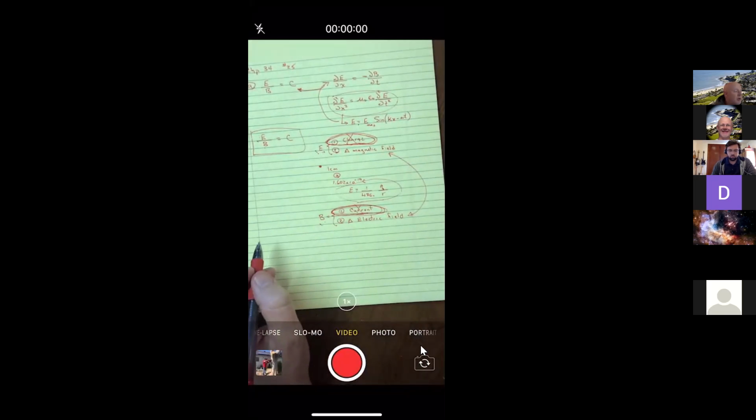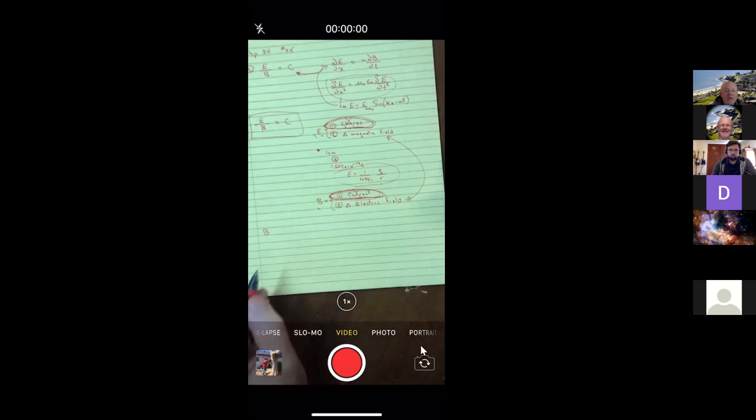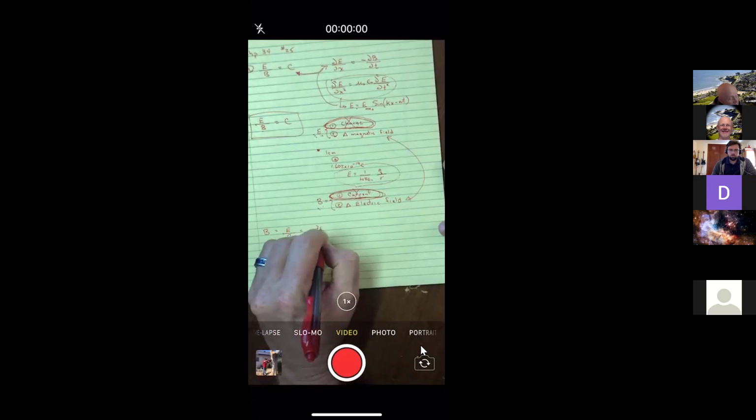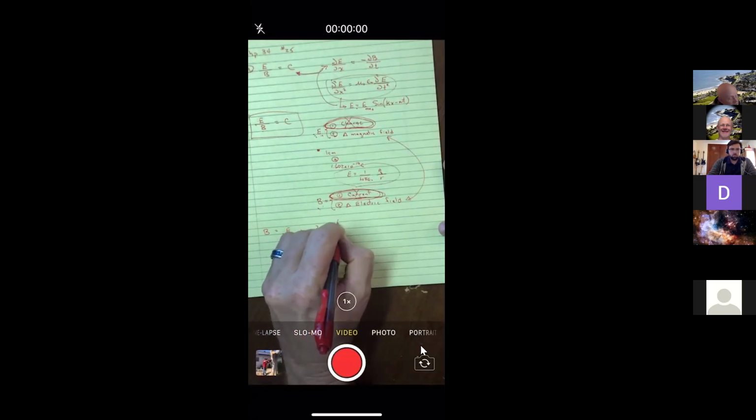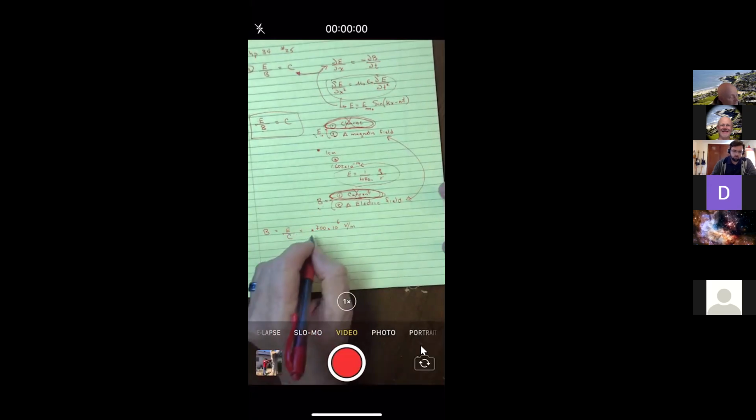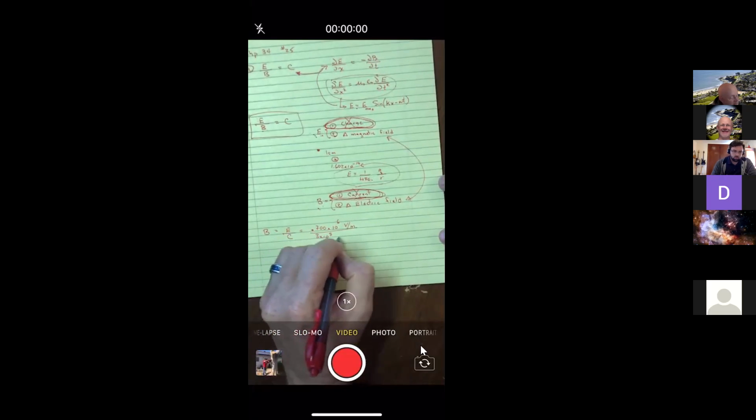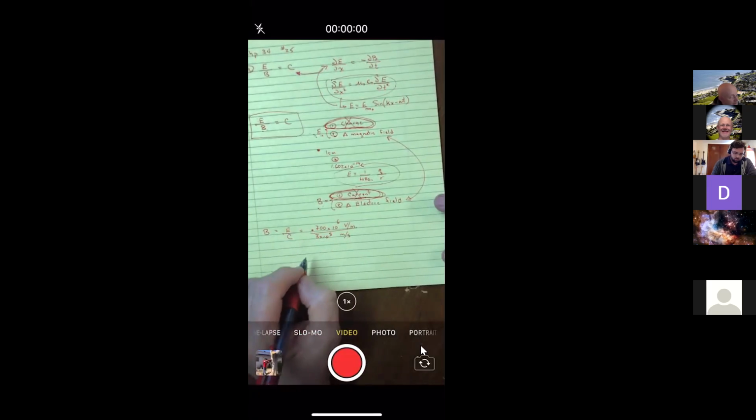So I'm going to use that to my advantage and come back to the question and say, A, what is the amplitude of the magnetic field? So if I rewrite this, I would say the magnetic field is equal to the electric field divided by the speed of electromagnetic waves. So this is 0.700 times 10 to the 6 volts per meter, and then this is 3 times 10 to the 8 meters per second.